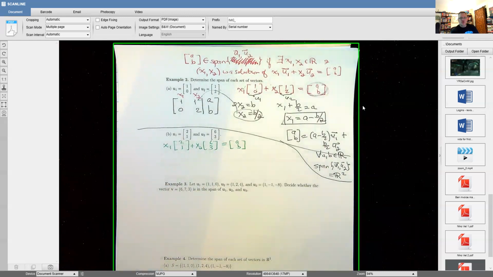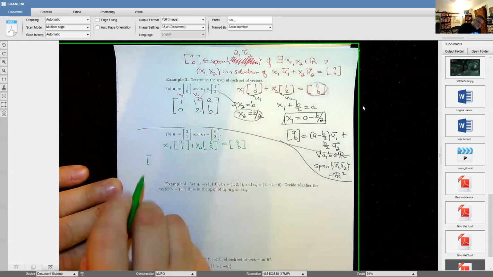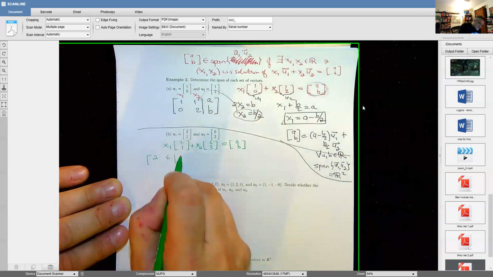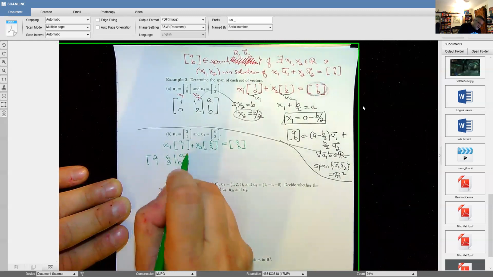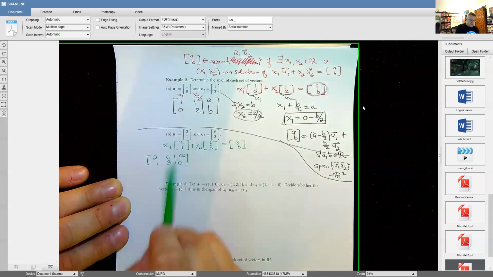Are there any restrictions on a and b so that that system has a solution? All right. Well, let's write it as an augmented matrix. This will be (2, 6 | a), (1, 3 | b). Remember, if we wrote this as a system, we would pluck off the coefficients. That's where I'm getting this. The right side is a, b.